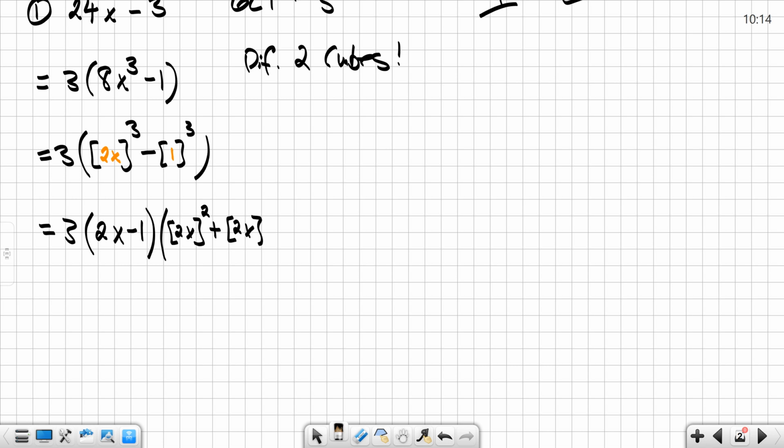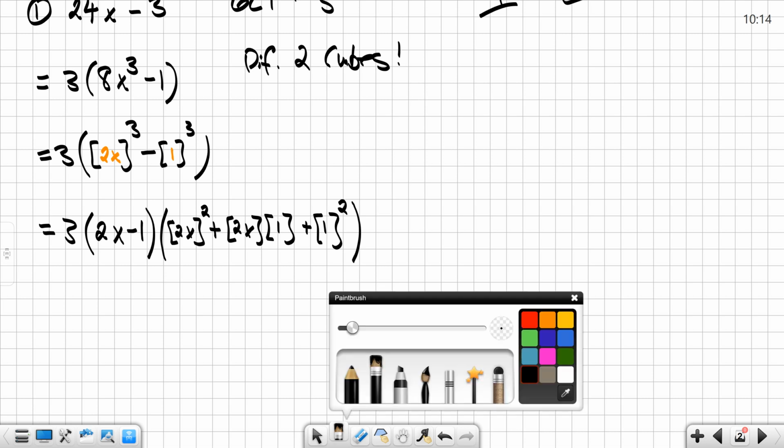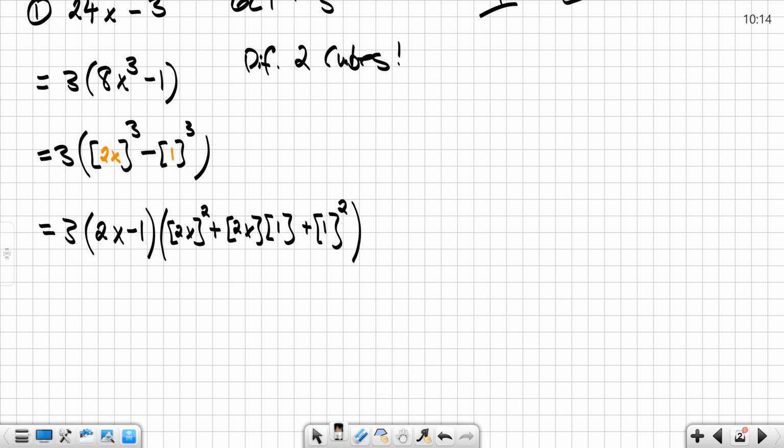And I get 2x times 1 plus the last one squared, which is 1 squared. Now I'm just simplifying this factor, and this is all equal to 3 times 2x minus 1 times 4x squared plus 2x plus 1.